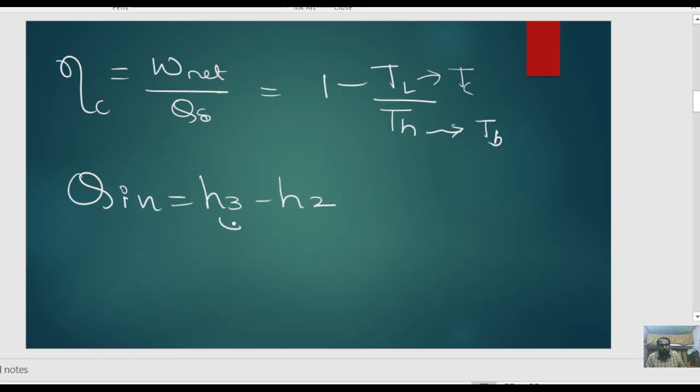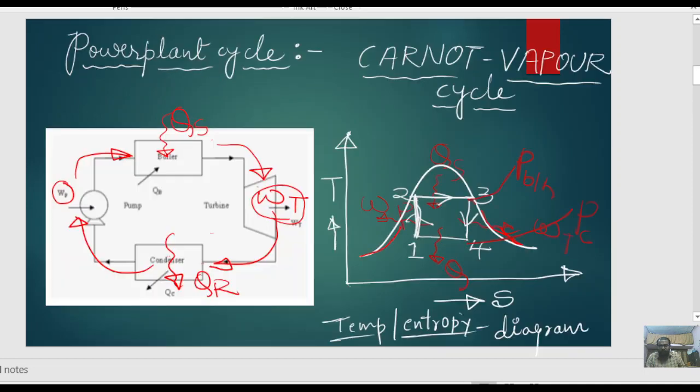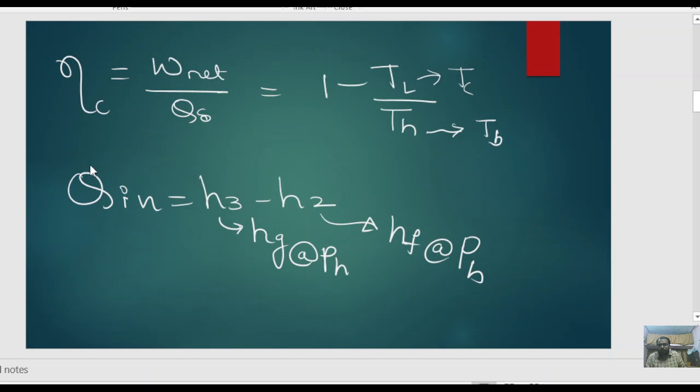Okay, H3 is Hg at higher pressure and H2 is Hf at higher pressure. Why? See here, this point 3 is on the dry saturated line, so that's why it is Hg. Point 2 is on the saturated water line, meaning saturated liquid line, that's why Hf. Okay, next the formula is work done.